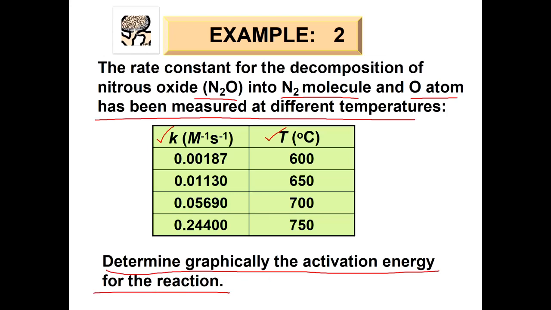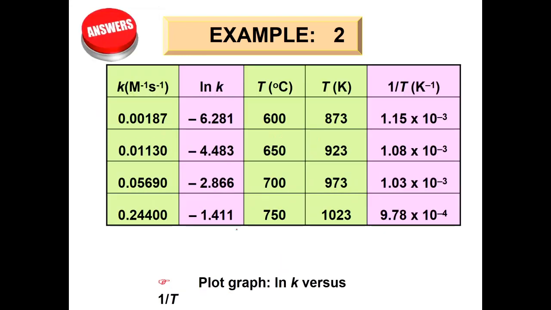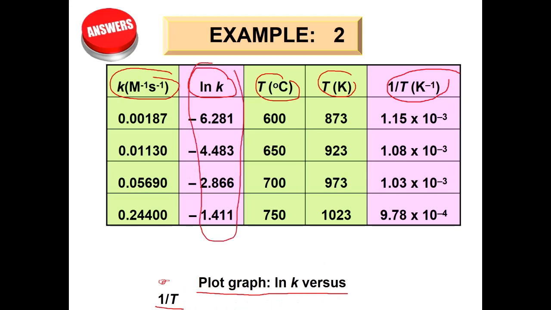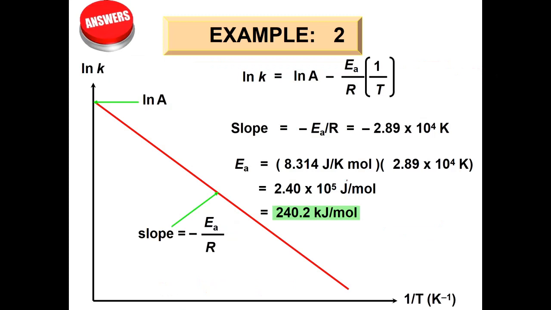Okay, if you get the question like this, the first step is to develop this table that involves K, ln K, T in degrees Celsius, T in Kelvin, and also 1 over T. After that, you have to plot ln K versus 1/T, all these values, these two values.